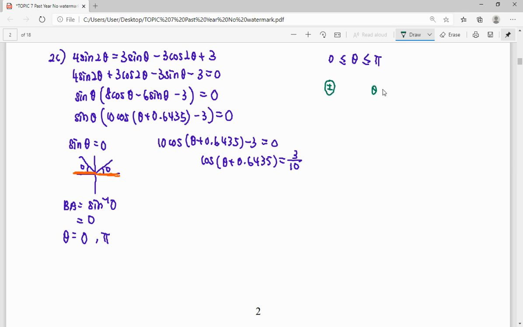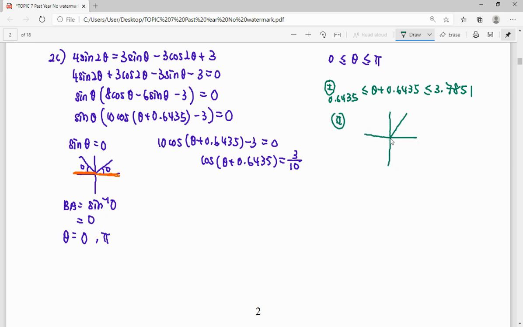The angle already has plus 0.6435, so when our pi plus 0.6435, it will get us up to 3.7851 radian. And then we do our step 2, where cos is positive.